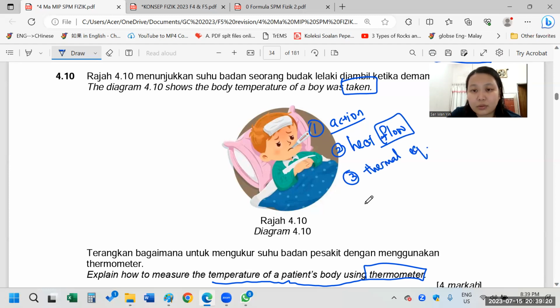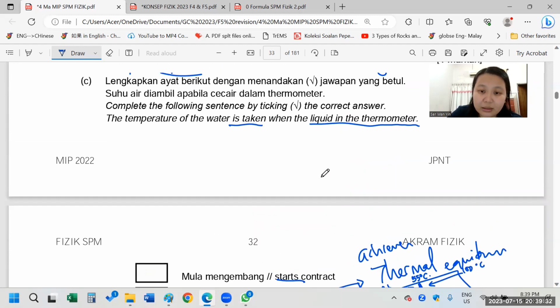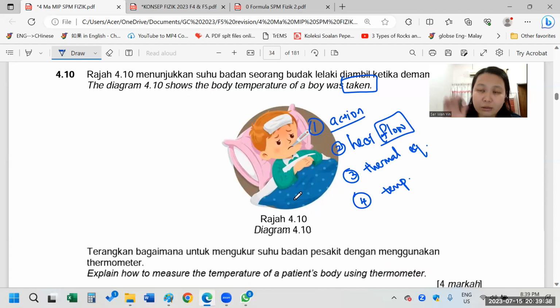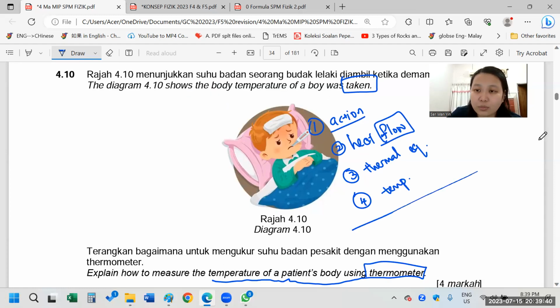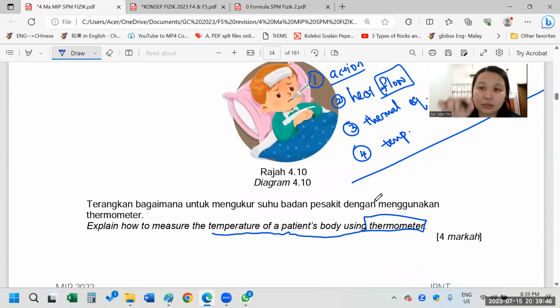Number 4, so we take the temperature. We can use back the sentence here: when the mercury stops contract. You write as many as possible. Okay, so this one you can refer back to last year.